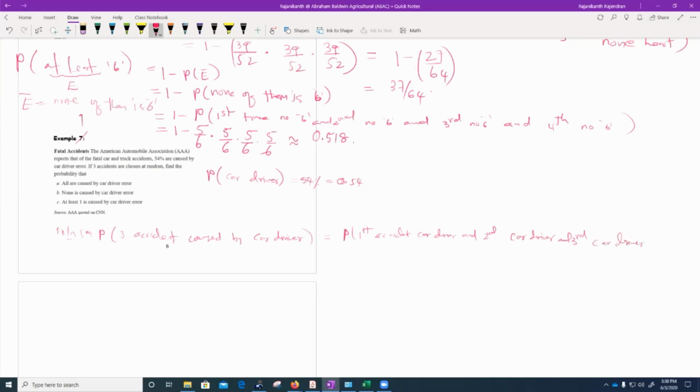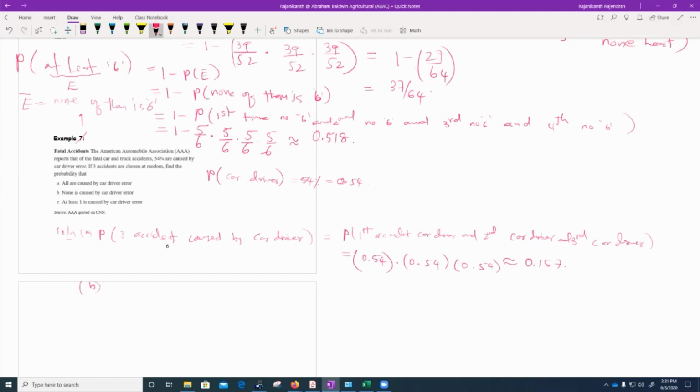Remember, all three are independent. Simply take the product of all three. We know the probability of getting a car driver cause is 0.54 each time. Whenever you check, the probability of the accident being caused by a car driver is 0.54. But I have three of them, so you simply multiply. That is the answer to the first part. If you simplify, you should get 0.157.